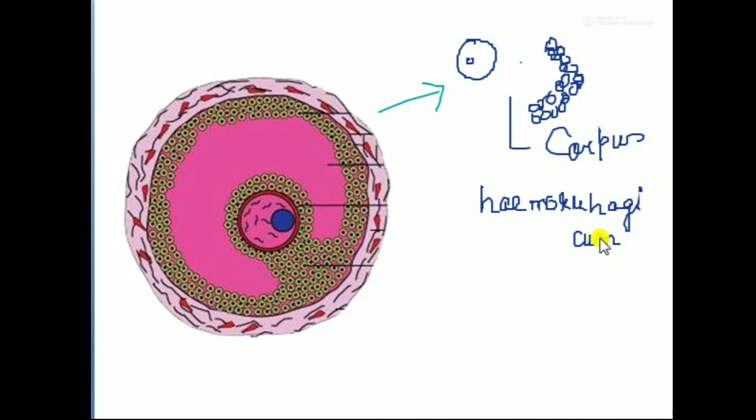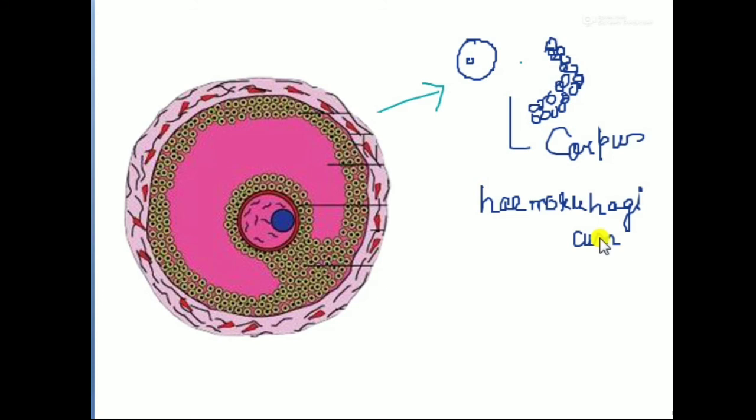Okay, that means when, in the first stage of the rupture, the blood vessels are also ruptured, this stage is known as corpus hemorrhagicum. That means after ovulation, the Graafian follicle becomes ruptured and remains empty, causing the release of the secondary oocyte. What is corpus luteum?